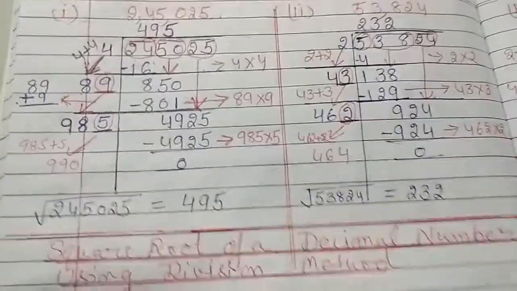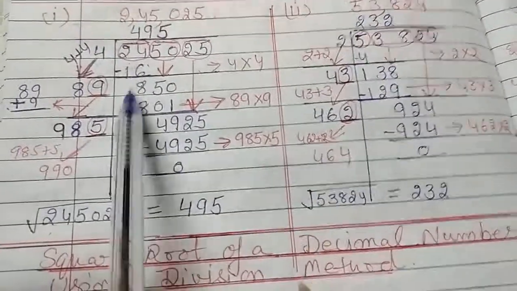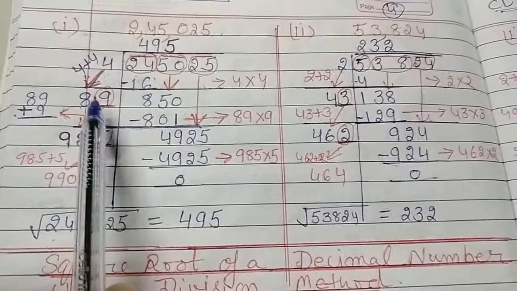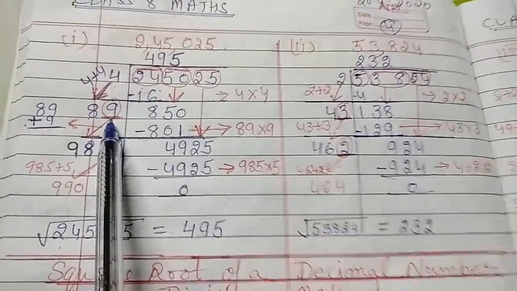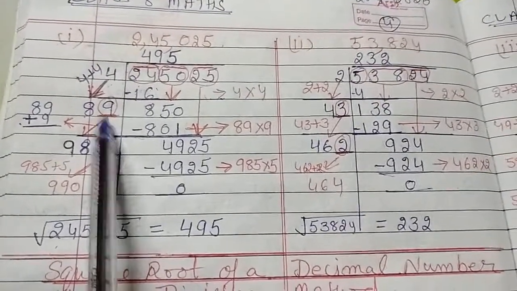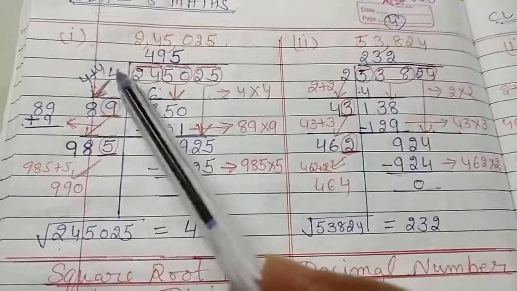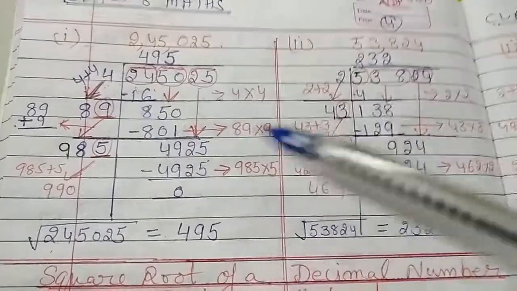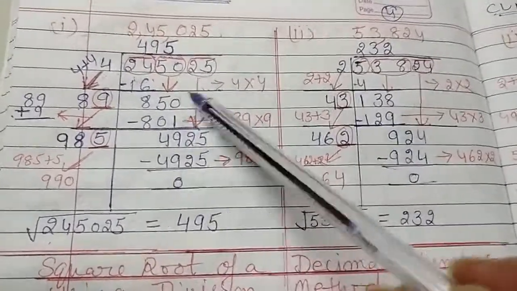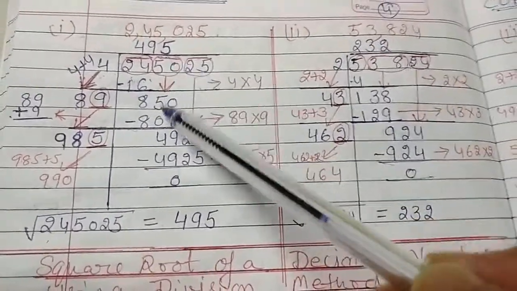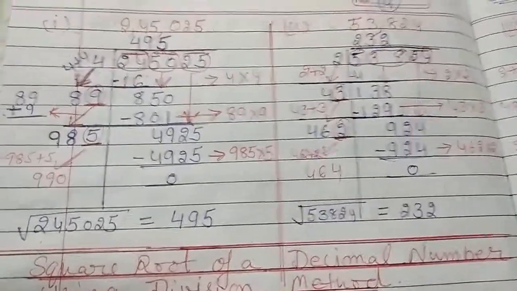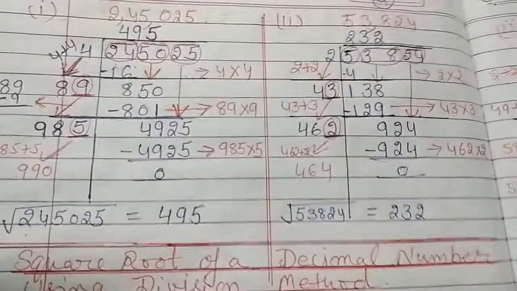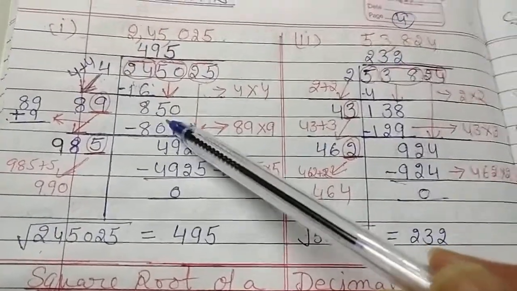When you write 8, you leave a space on the right side for the next divisor, because we need another digit there to make it. In the first step, 4 fours are 16; subtracting 24 minus 16, you get 8. Then you carry the next pair downward, marking one whole pair, like here 8, 50.